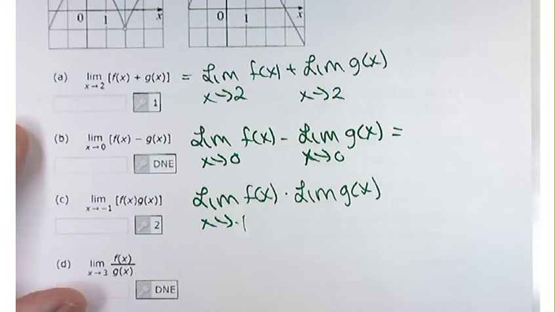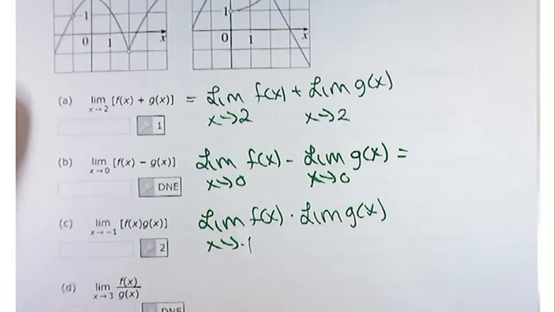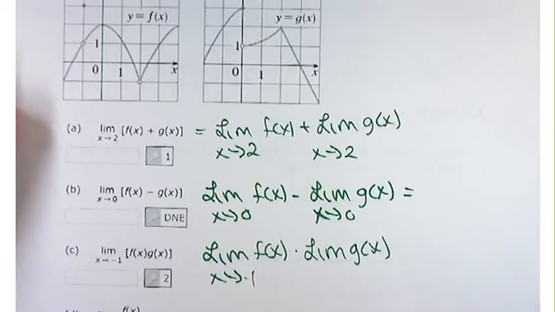Basically, you pretty much are able to do what you think and want with limits, as long as you're working with a continuous function. Of course, we've yet to define a continuous function, but roughly speaking, a continuous function is something that can be drawn without lifting your pen from the paper.